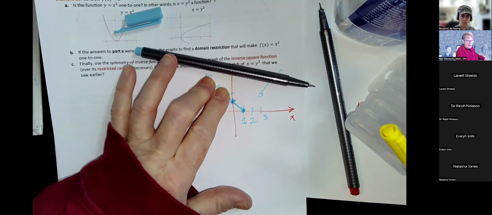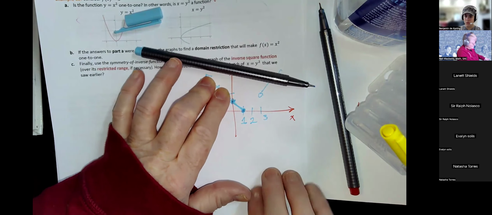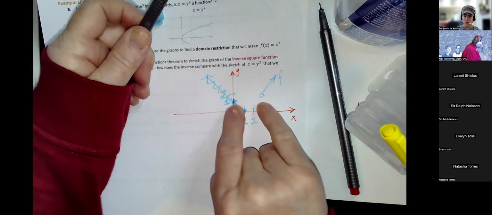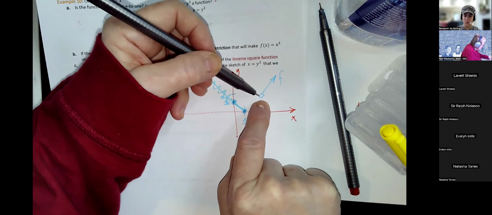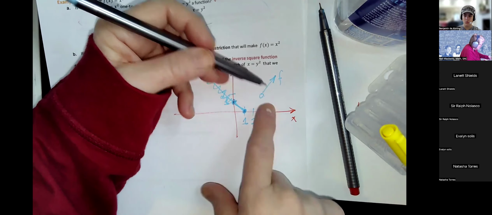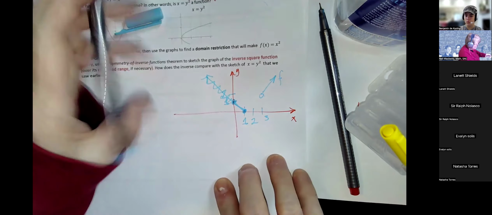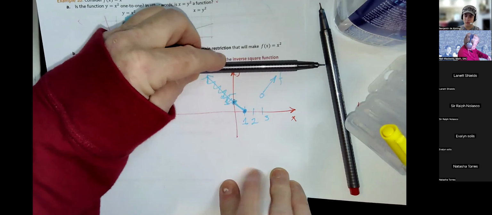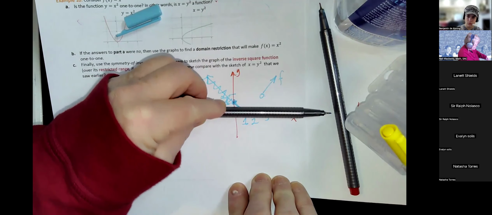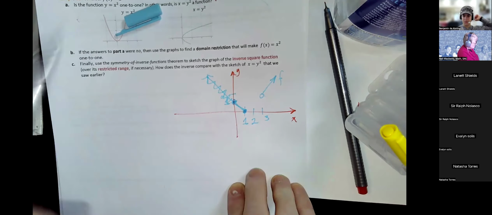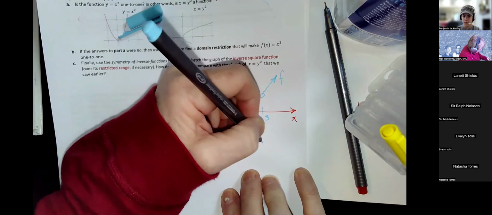So if you take that part out, do you see that even though we've got a sort of comparable point, it's not defined at 3 on the right-hand side, only on the left-hand side. So does this pass the horizontal line test? Yes, it does. Okay, so that means it is a function and it's one-to-one. So this is a one-to-one function.